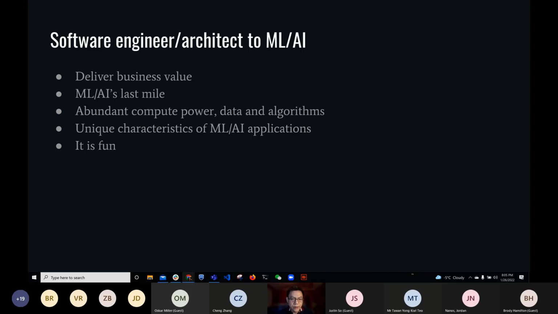As software engineers and architects, we need to know them and be familiar with them before we start designing, architecting, and implementing applications using AI and machine learning technologies. I'm going to use a live application to demonstrate that point, and just bear with me, we will come to that later. And last but not least, it's fun. It's actually really fun. And you're going to see how smart the people designing the algorithms are, and the beauty of mathematics.